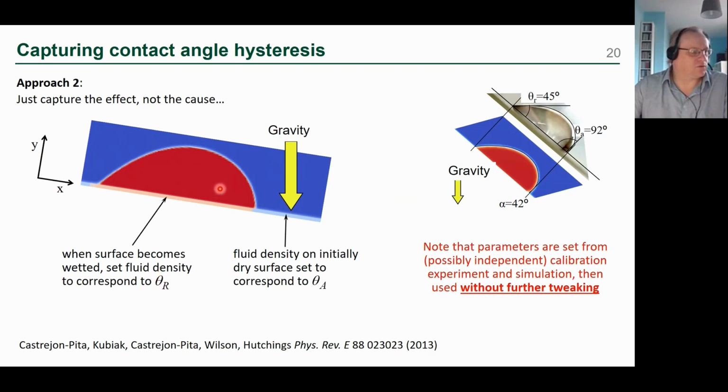So if this droplet were then to start moving in a different way that led this bit to become uncovered, we would have a different contact angle experienced on that surface. So as this red fluid moves down the surface, this blue part here has its contact angle changed to the receding value.